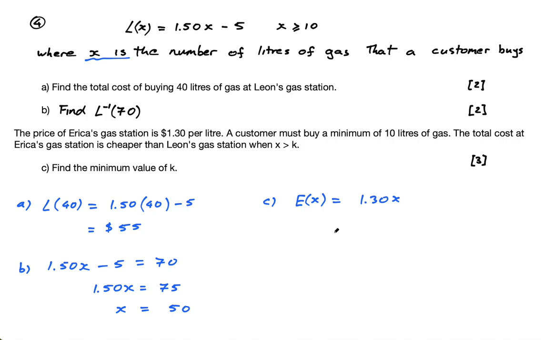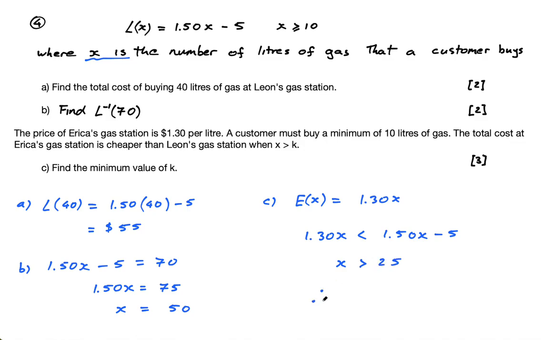So I'm just going to write the minimum value of k, or you can actually write down the inequality. So I'll say 1.30x is less than 1.50x minus 5. When is this less than this? Well, this is when x is greater than 25.